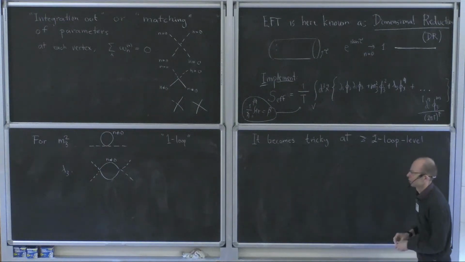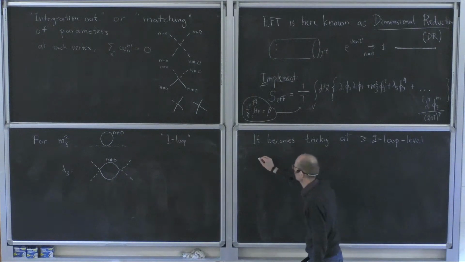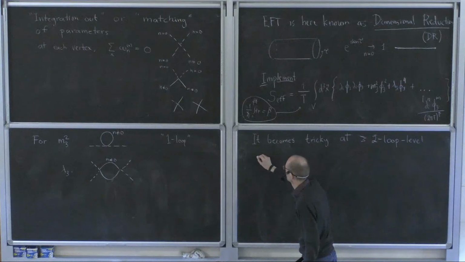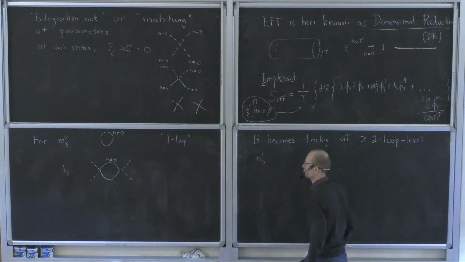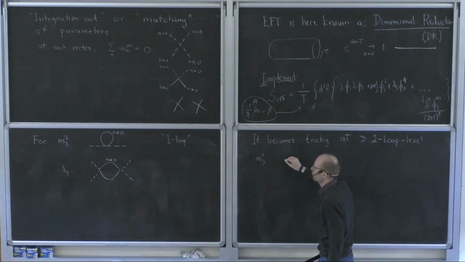So let me just illustrate what is the issue here. Suppose you want to compute corrections to M3 squared now with 2 loops. Okay, so we could draw diagrams, and there are some simple diagrams we can draw.